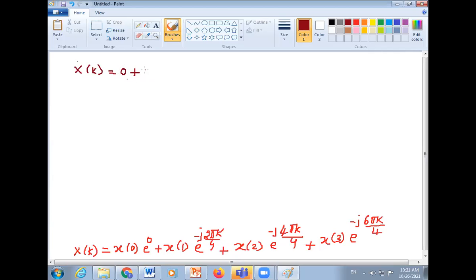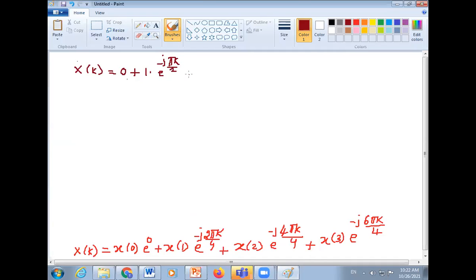What is the value of x of 1? It is 1. 1 into, here 2 ones are 2 and 2 twos are 4. So we can write it as 1 into e power minus j pi k by 2.